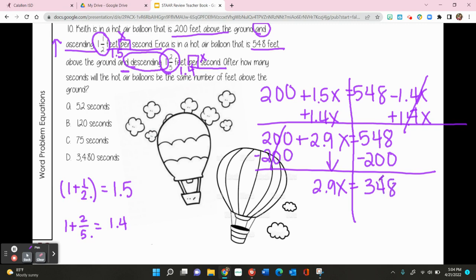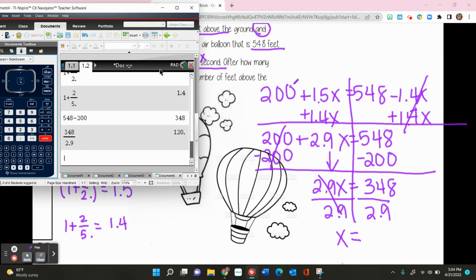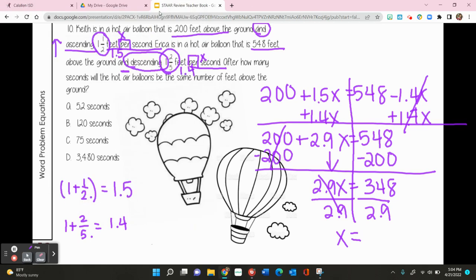Now, our last step is to see what is being multiplied or divided to x. And right now, x is being multiplied by 2.9, so I want to do the opposite and divide by 2.9. When I divide by 2.9, this cancels out, and I'm left with x equals 348 divided by 2.9, which is going to give us 120. So x equals 120, which means that our answer here is B.